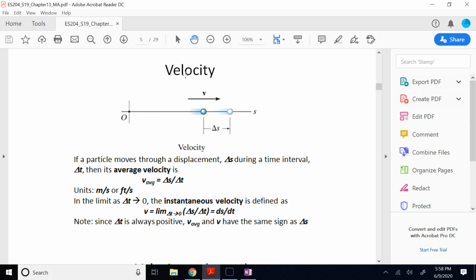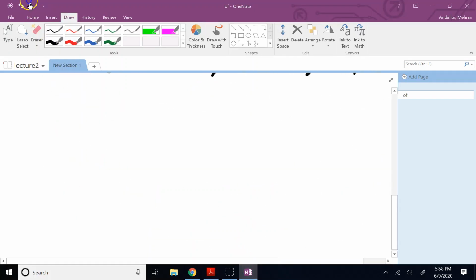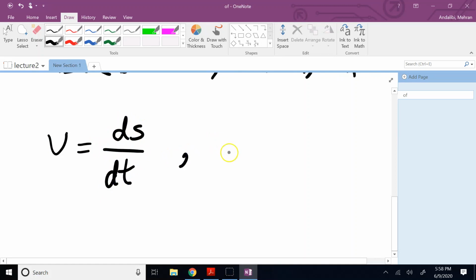Again, a scalar with a sign, right? Positive velocity, negative, or zero, correct? So similarly, as I said, we define instantaneous velocity to be what? ds over dt, and average velocity to be what? Delta s over delta t.